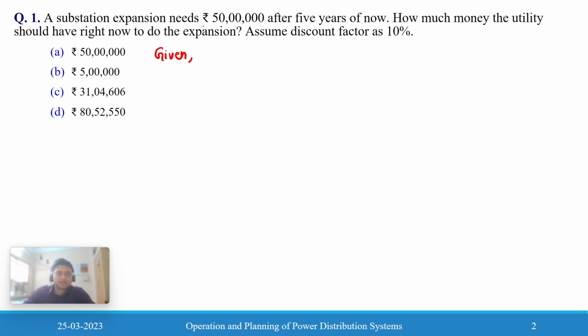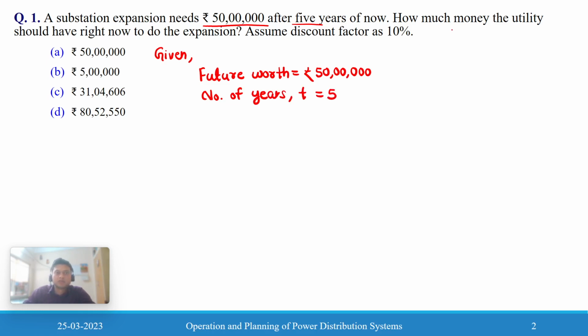This is future worth, 50 lakh rupees after 5 years, and this 5 years is the number of future years, so t is equal to 5.